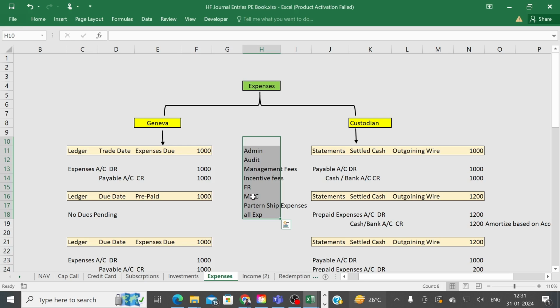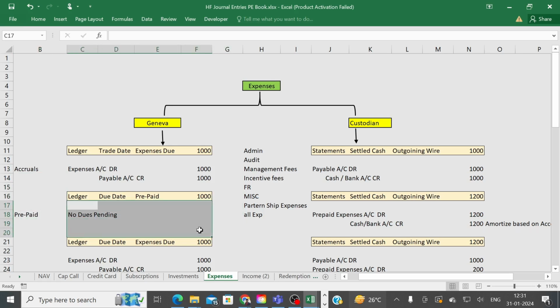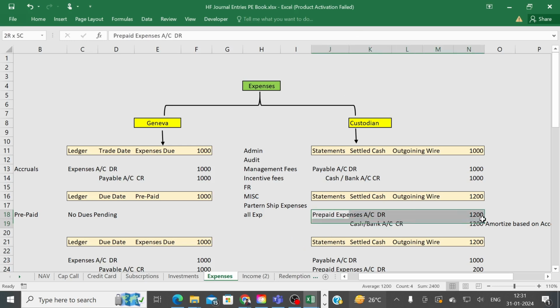This one is the example of accrued expenses. The second is the case of prepaid expenses. In case of prepaid expenses, when due, you don't need to record it, but when you process the payment in advance, your accounting entry would be prepaid expense account debit to cash account credit.